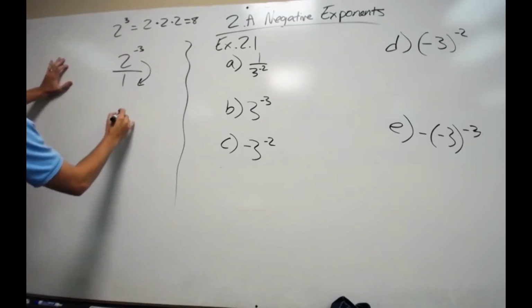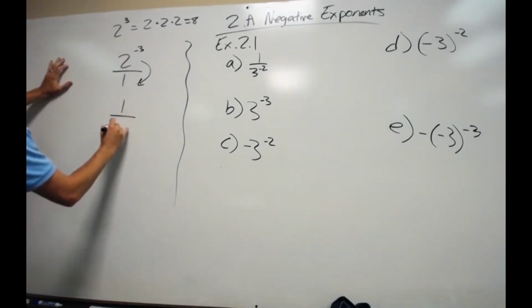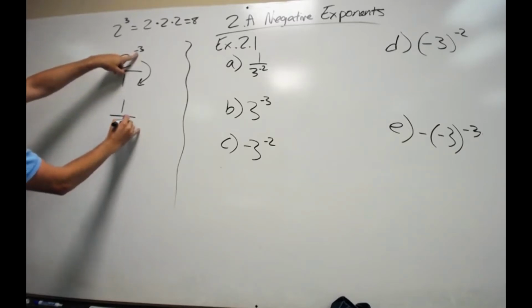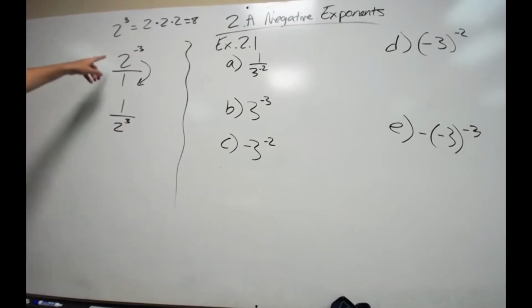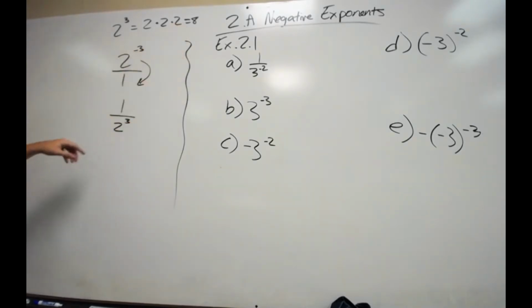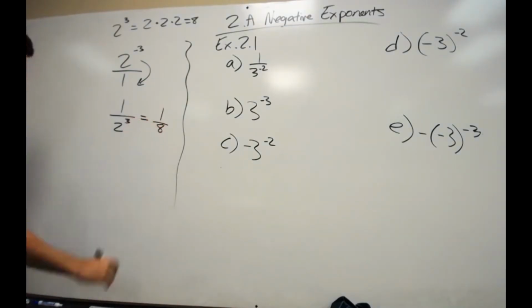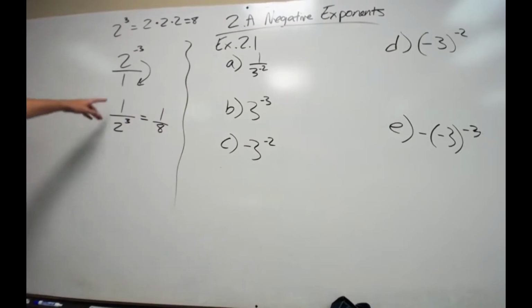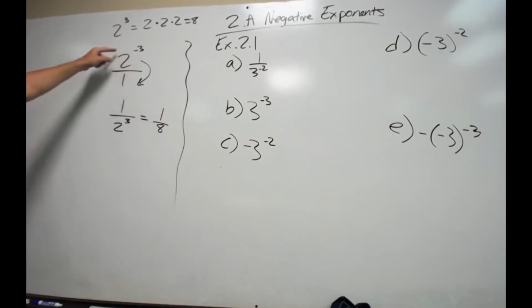So now it would look like this, 1 over 2, the sign becomes positive, cubed. So now we have 1 over 2 cubed. We already know that 2 cubed is 8, so the answer here would be 1 over 8. And that's all that a negative exponent does. It simply moves it from the numerator to denominator, or vice versa.